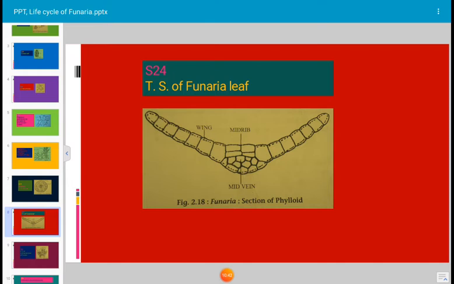Let us see the details of internal structure. It is formed by thin-walled parenchymatous cells containing chloroplast. The leaf is one cell in thickness except at the midrib region. Marginal cells are smaller and thick-walled, as shown in the photograph, which gives mechanical support to the leaf.